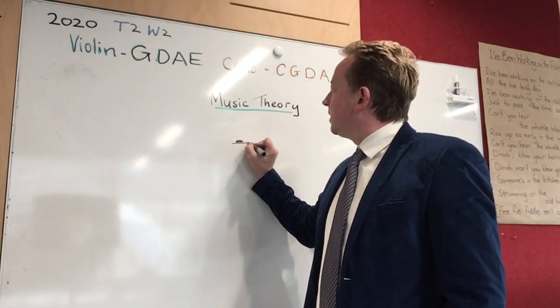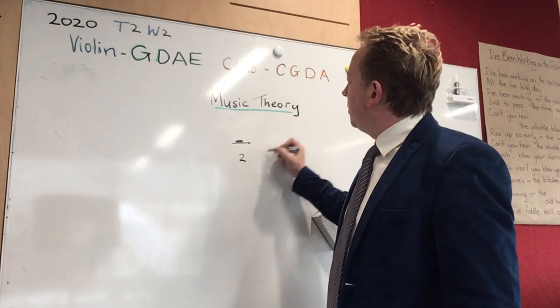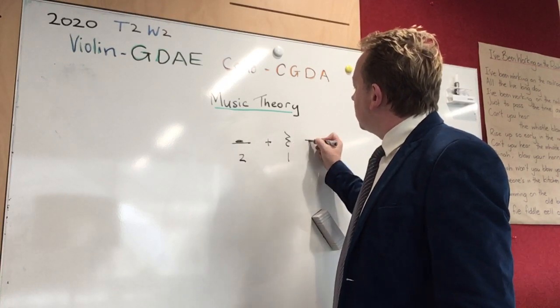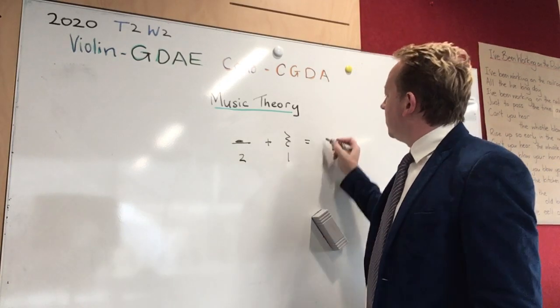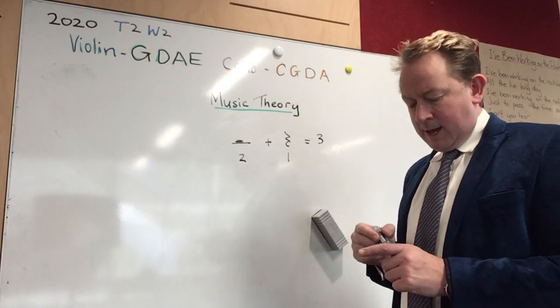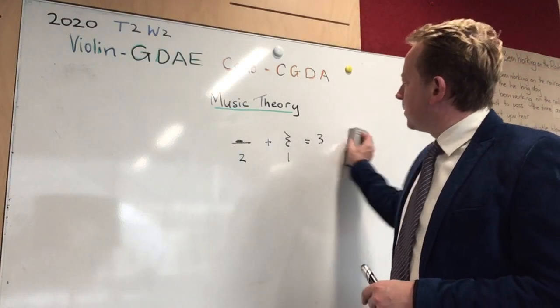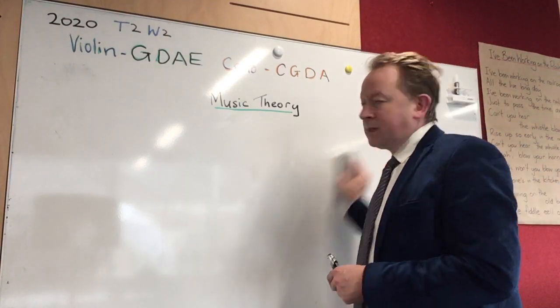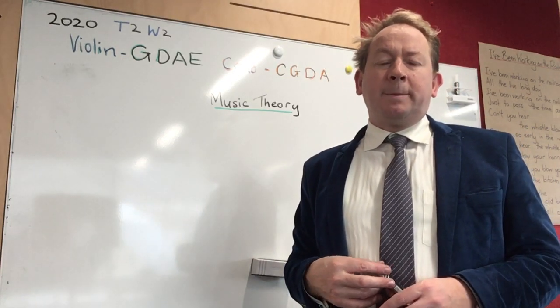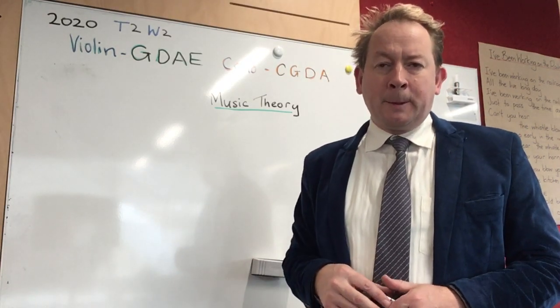Minim rest is worth 2 plus a crotchet rest, 2 plus 1 is 3. So the same answer there.